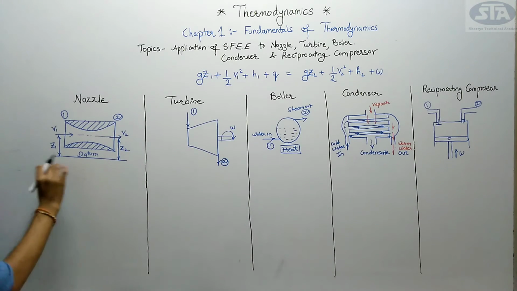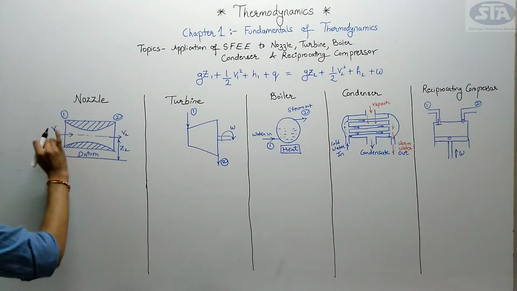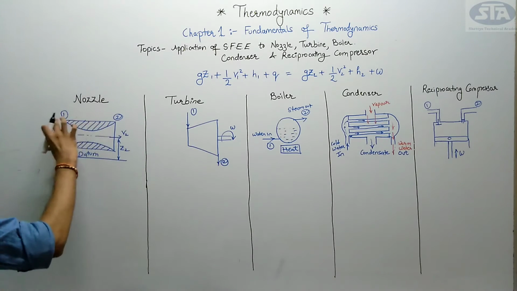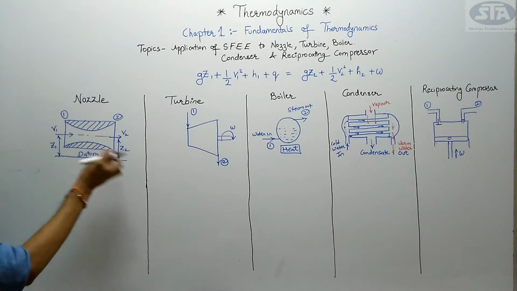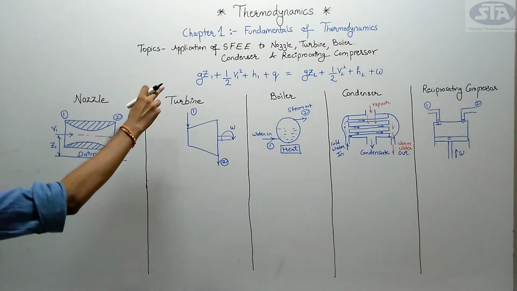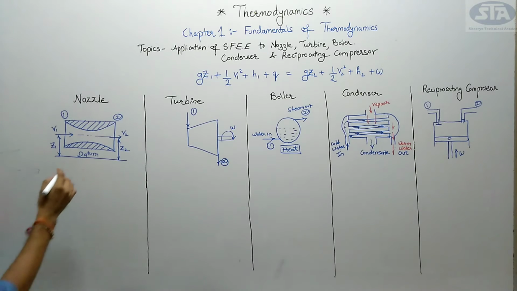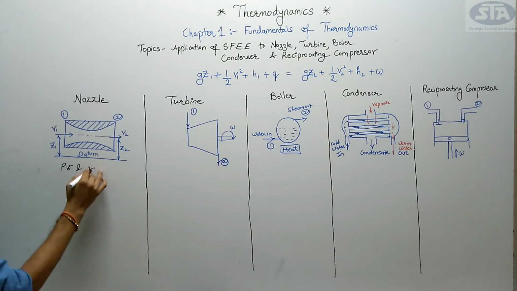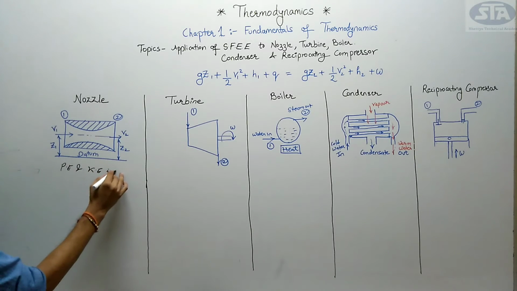The datum means from the ground level my nozzle is in a horizontal position, so Z1 will be equal to Z2, so that will be cancelled. So from the above equation, let's find out the equation for this. Here the potential energy and kinetic energy is negligible.